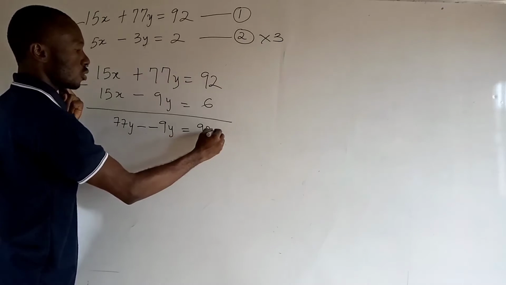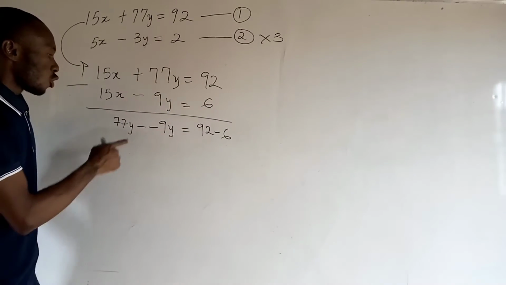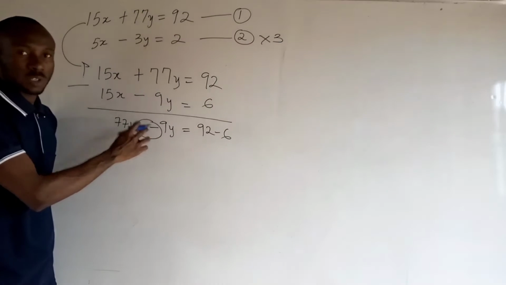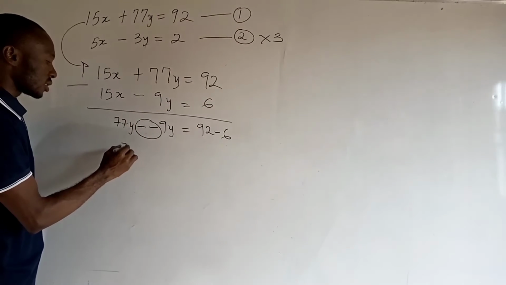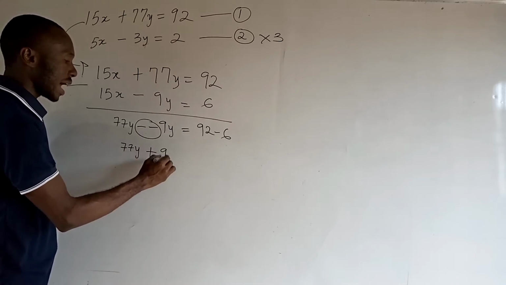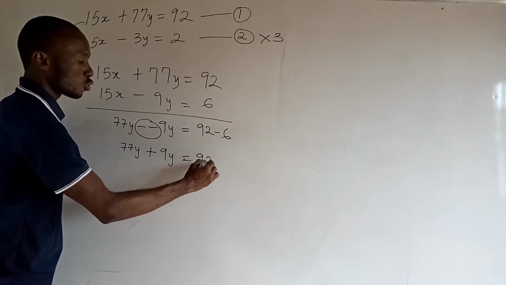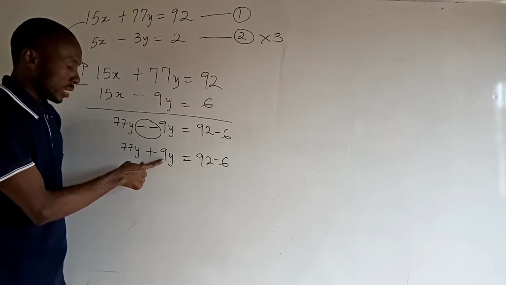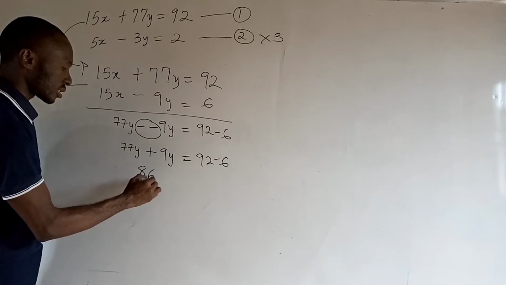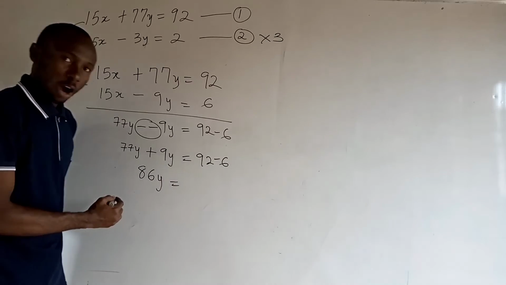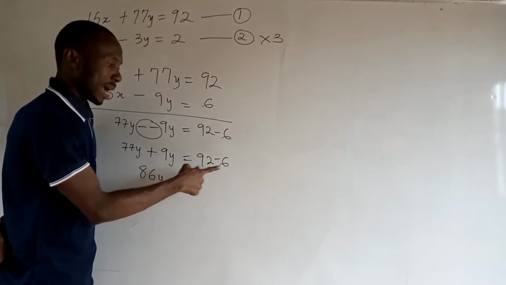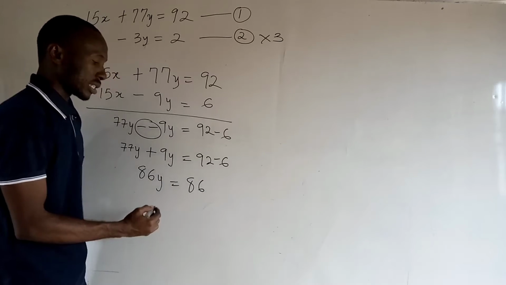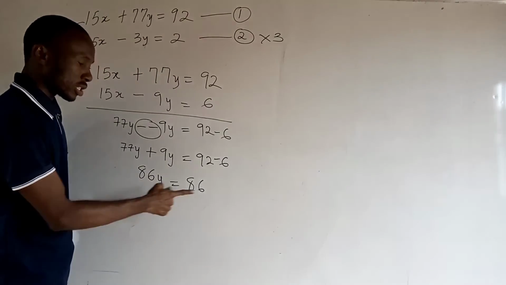We resolve the signs: minus times minus gives plus. Now 77y plus 9y gives 86y, and 92 minus 6 gives 86. So we have 86y is equal to 86.